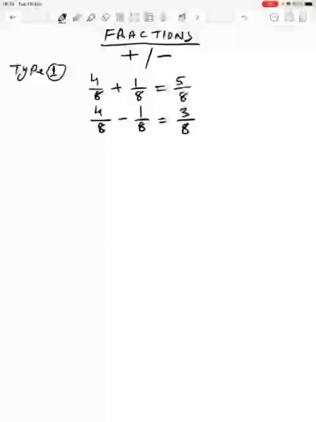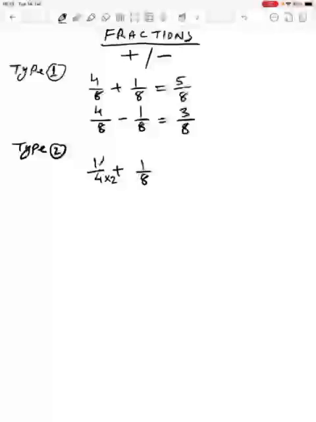That's type 1. Type 2 goes something like this. 1/4 plus 1/8. Now, the denominators are not the same, but the smaller denominator, we can change that into 8, the larger one, by multiplying with a whole number. Times 2.